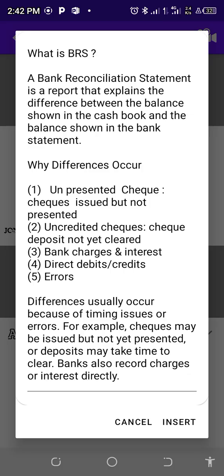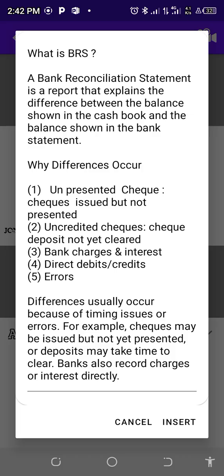There are four major reasons why this difference occurs. The first one is the presence of unpresented cheques, that is, cheques issued but not yet presented. That is one.